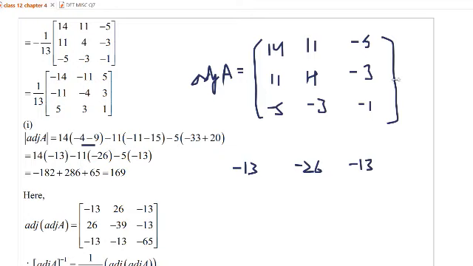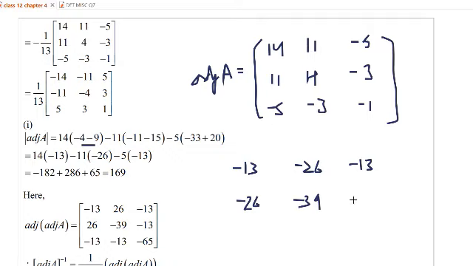Hiding this 11 by column and row, I'll get minus 11, minus 15, that is minus 26. Again, this is minor only, minor 2, 1. Hiding this element by row and column, I will get minus 14, minus 25, that is minus 39. And now hiding this element by row and column, I will get 14 into minus 3, that is minus 42, and plus 55.